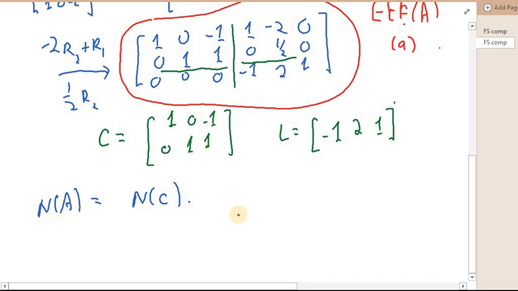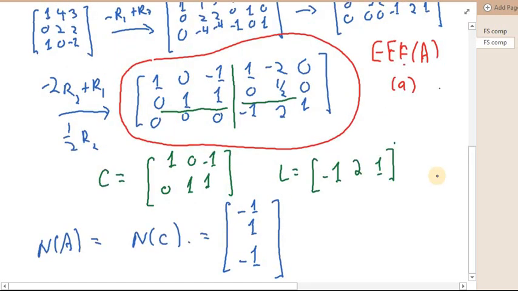So if we set the third free variable equal to minus 1, then we can just read off the first variable is also going to be minus 1, and this one's going to be 1. And you can verify that this works. If you multiply our original matrix times minus 1, 1, minus 1, you will get 0, 0, 0. So this is okay.